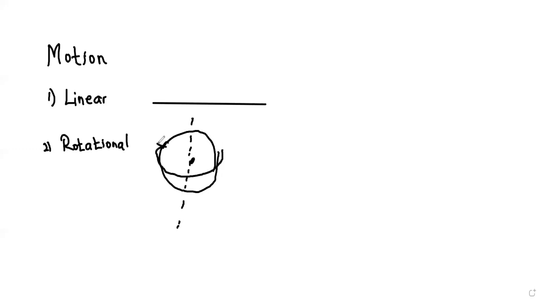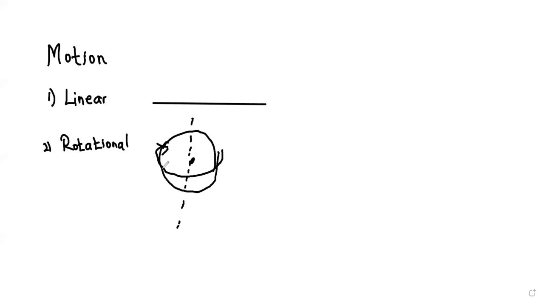This is known as rotational motion. This is the basic concept of motion. Here we have divided it into two main sections, which we are going to study further in the next lessons. The first one is linear and the second one is rotational.